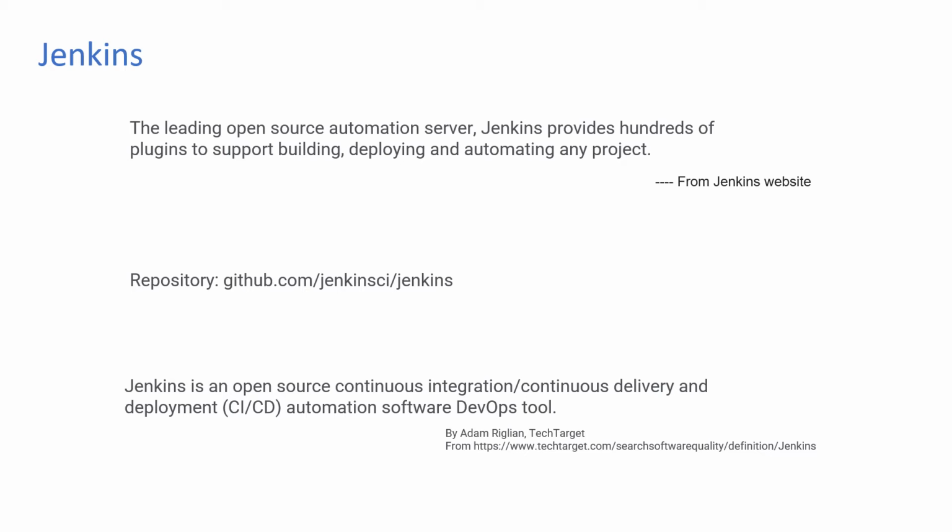If you are interested in this open source project, please see the repository in this slide. By Adam Riglian, Jenkins is an open source continuous integration or continuous delivery and deployment, or CI/CD, automation software DevOps tool.